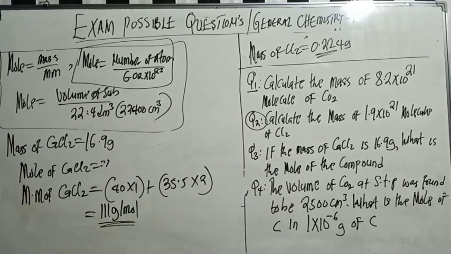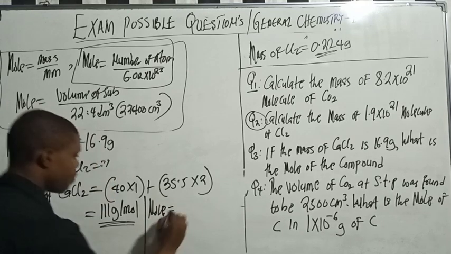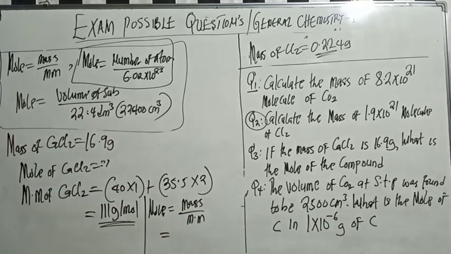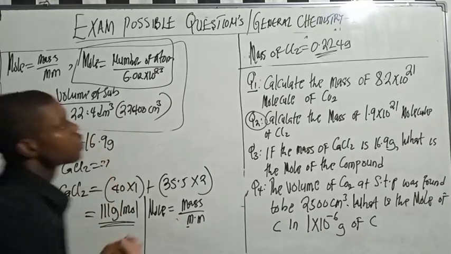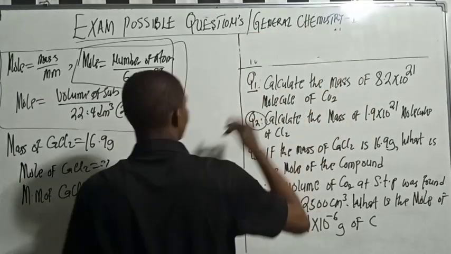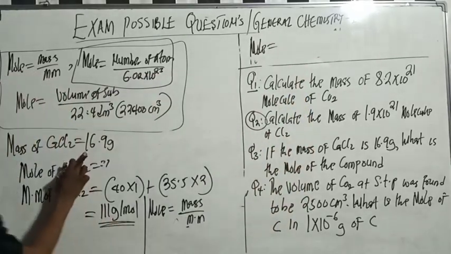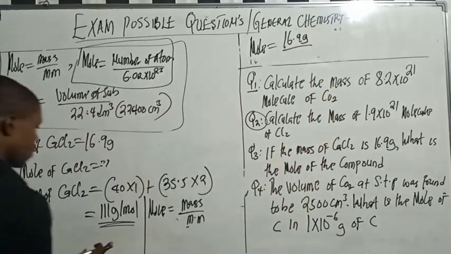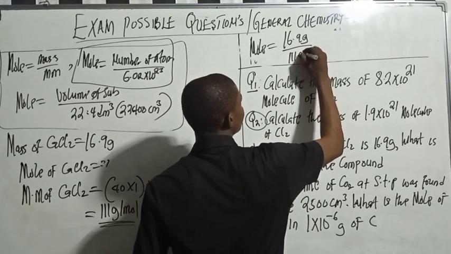We are using mass over molar mass. So my mole here equals mass over molar mass. If you input your value here, my mass is 16.9. So let me just solve it here. Mole equals 16.9 grams over 111 grams per mole.